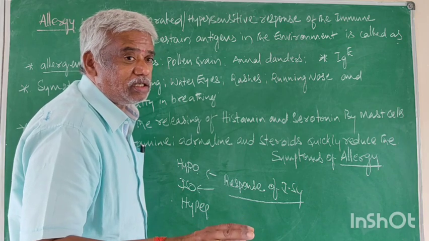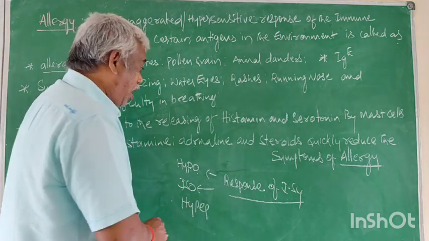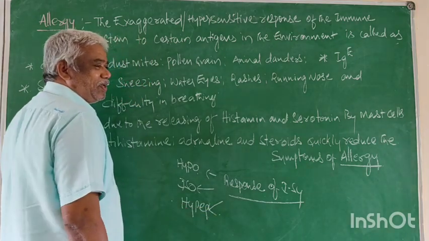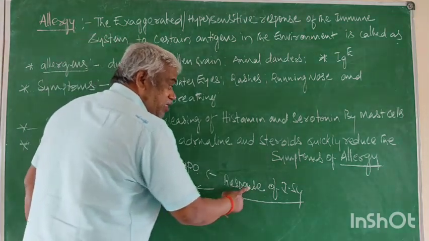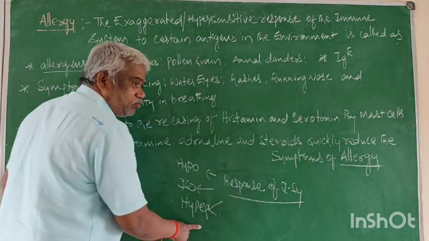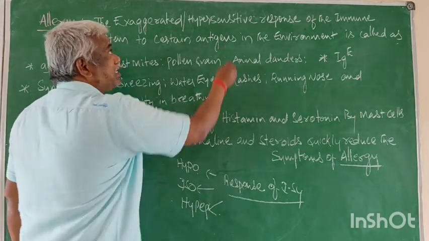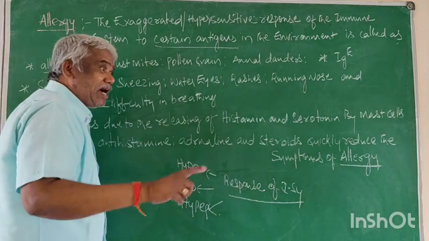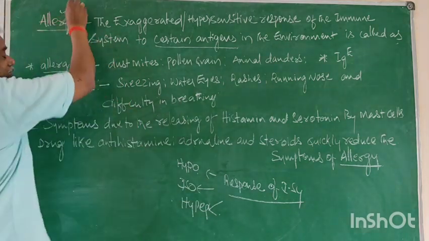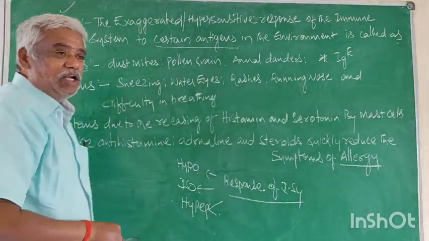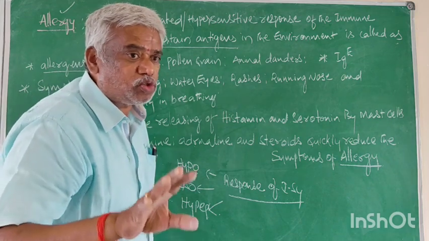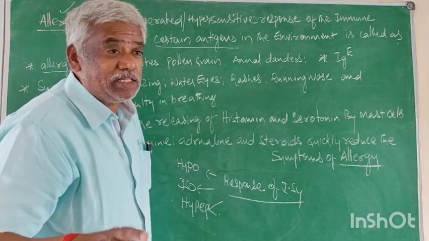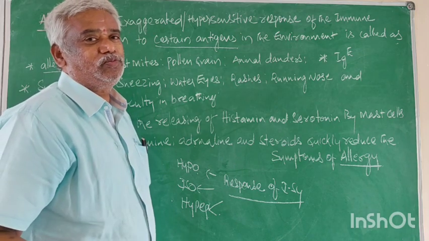If it is hyper, what is hyper? If the response of the immunity system is hyper to certain antigens, that causes allergy. In allergy, the immunity system does respond, but gives more than what it should give.